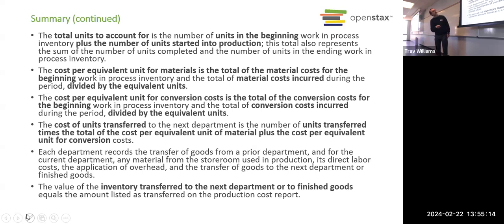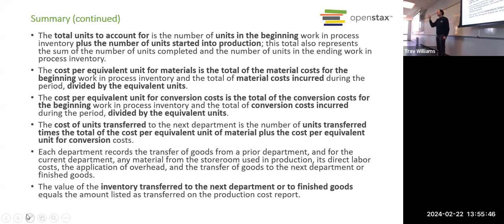And what else? Let's see, total units to account for can be calculated two ways. You got your beginning plus whatever you started during that period, or what got transferred out and your ending inventory also equals your units to account for. And again, the way we get the cost per unit, you take your cost for materials divided by the units of materials.